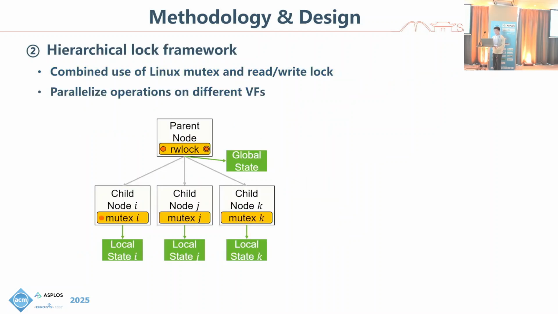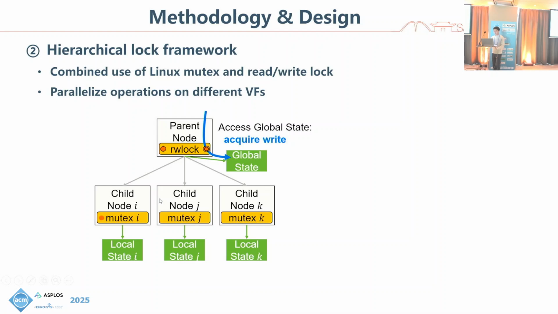And second, FastIOV proposes a hierarchical lock framework to parallelize the initialization operations on the different virtual functions. This framework uses the Linux mutex and read-write lock combined to control the operations on the parent node and the child node. Here, the parent node corresponds to the global states of the device set of the virtual functions, and each child node corresponds to a virtual function.